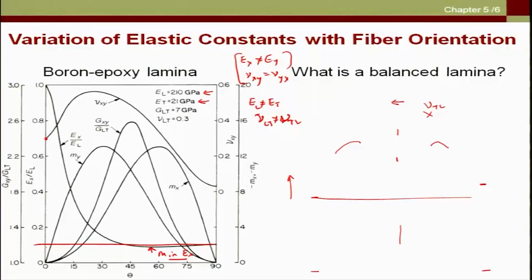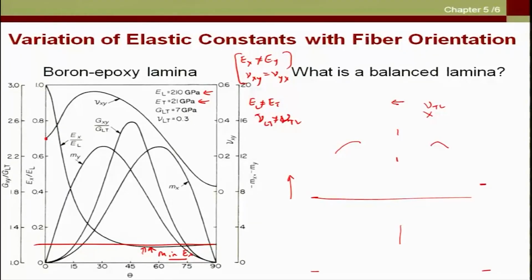The minimum value of Ex was Et, but for boron epoxy, as per this plot, the minima is not Et, rather the minima exists when theta is somewhere between 50 and 60 degrees.